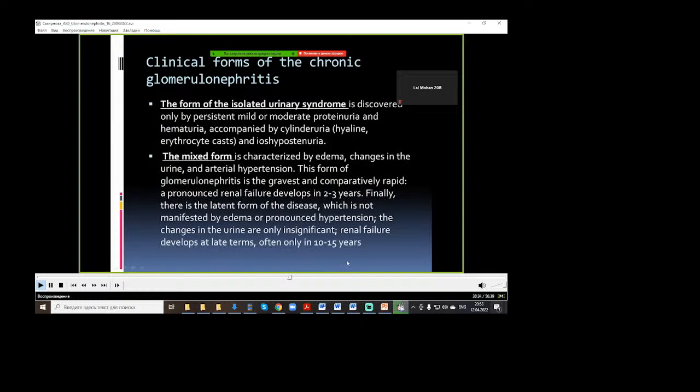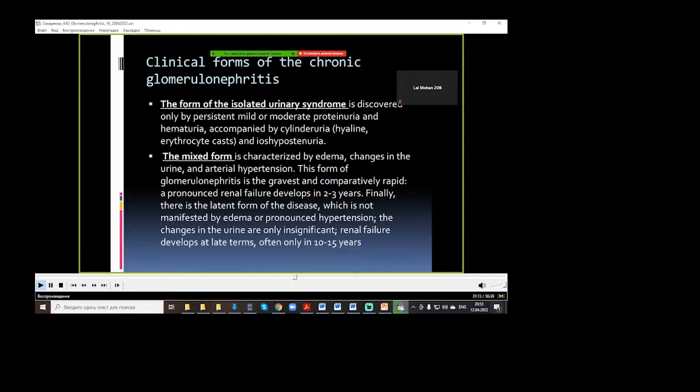The next form, the isolated urinary syndrome, is discovered only by persistent mild or moderate proteinuria and hematuria accompanied by cylinderuria, hyaline or erythrocyte casts, and hypostenuria. So from the previous semester, also revise your knowledge about disorders of diuresis. We have talked about oliguria, anuria, hypostenuria, and so on.